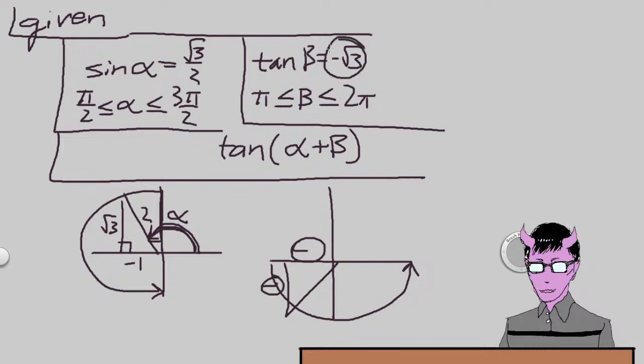But this one has a negative sign. So that means this angle beta must be in quadrant 4. And in quadrant 4, the opposite is negative, so this one has to be negative. And the adjacent is positive 1.